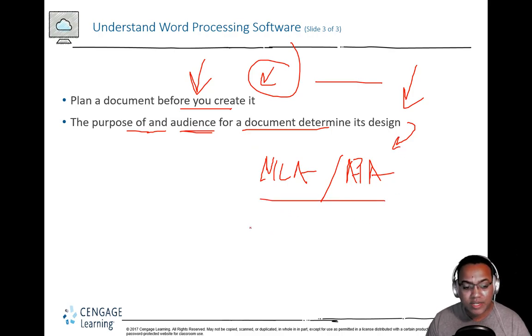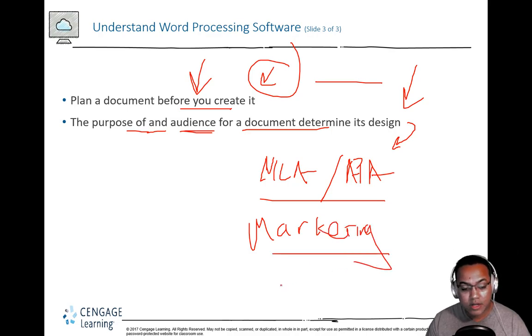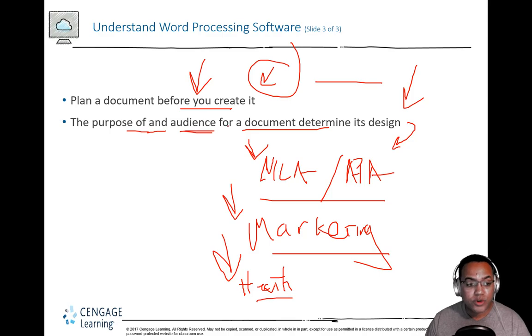Whereas, let's say you're writing a marketing document for work, or you're writing a health plan. There might be specific requirements, and my writing is poor with the mouse, but these specificities will dictate to you what your document should be. Therefore, it is important to plan before you create the document with the purpose and the audience in mind.